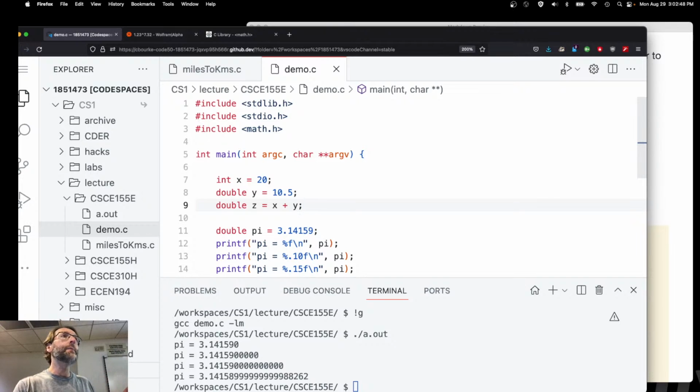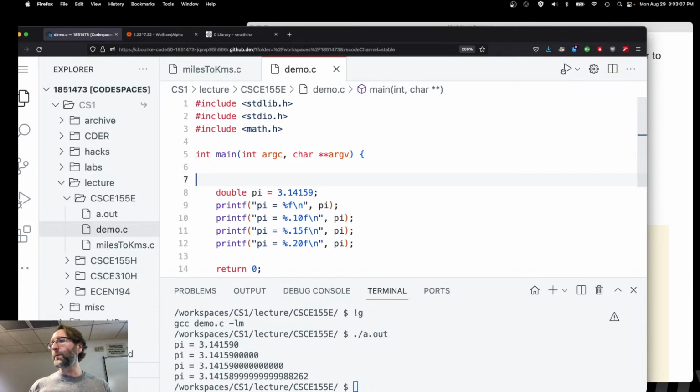Why? Because that 20 magically becomes 20.0 for the purposes of that addition. The only time you have to worry about that is when you've got integers divided by integers, right? Good question online. Keep them up.